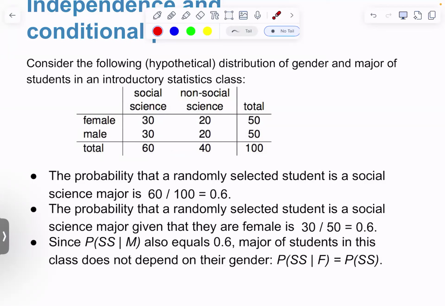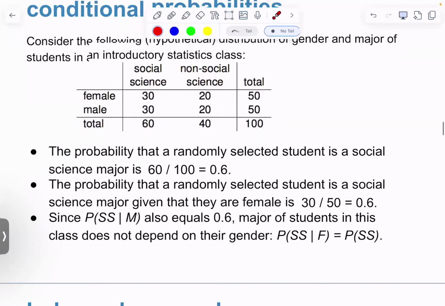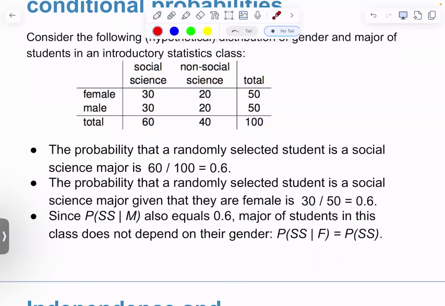Now, the probability that a randomly selected student is a social science major, given that they're female. Knowing that we're in this female group, my total is 50 instead of 100, so it's 30 over 50, which is still 0.6.